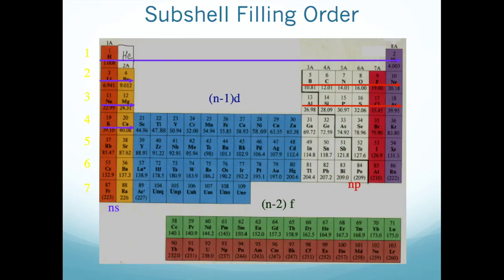Now notice where we're going next. We're going to the D block. But remember, even though you're in the fourth row, we've got to drop a number for the D block. So that D block is going to be 3d, even though it's in the fourth row. And then, of course, the P block, you just keep the regular numbering, so it's 4p.